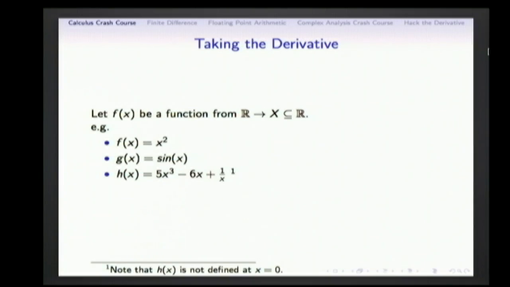A few example functions are x squared, which goes from every real number to all the non-negative real numbers; sine of x, which goes from every real number to real numbers between -1 and 1; or this final function here, which goes from every real number except 0 to some other real number. So these are just real valued functions.